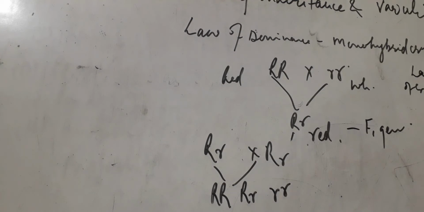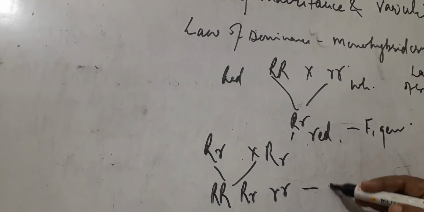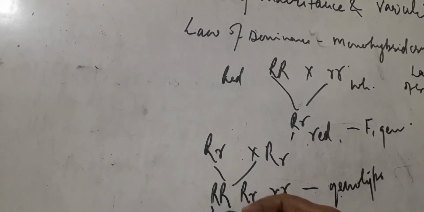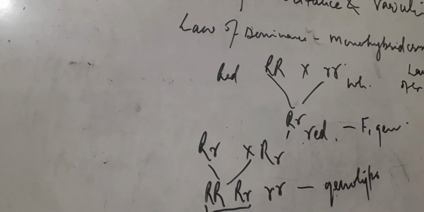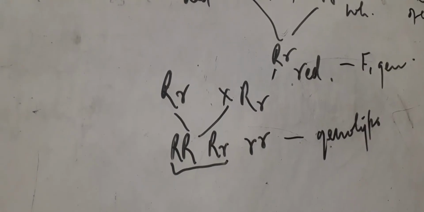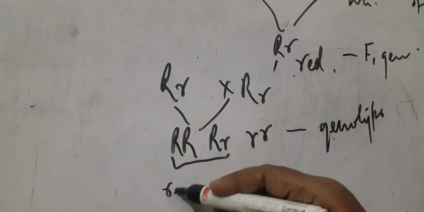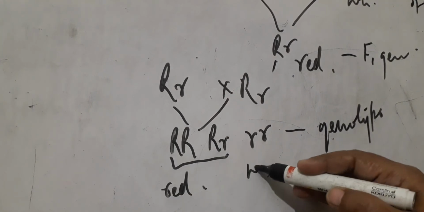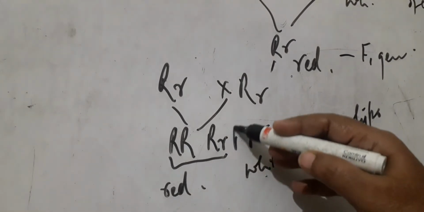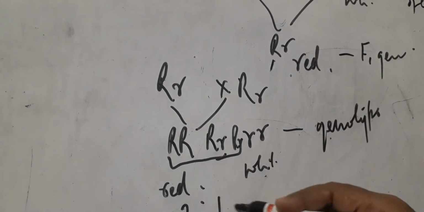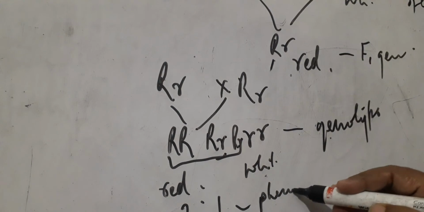Means three types of genetic constitution, which is also known as genotype, and two observable characters, that is red and white. The ratio is 3 is to 1 for phenotype.